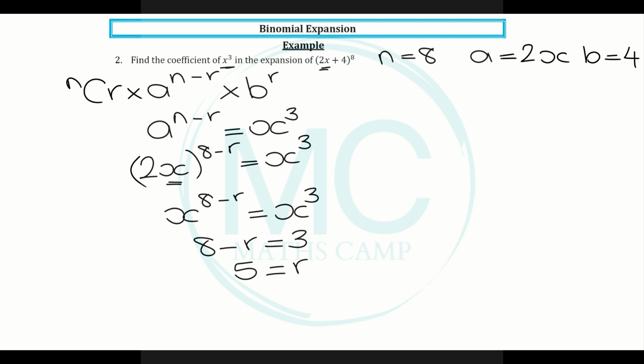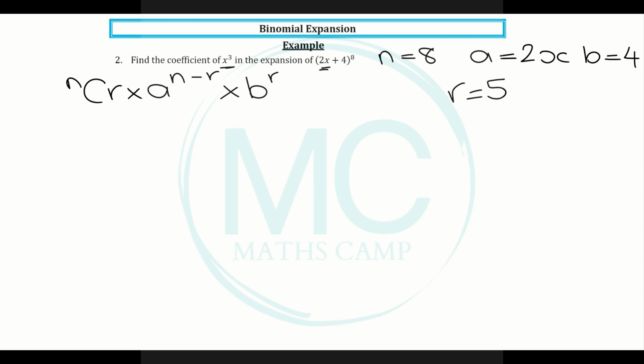Let's make a note of this over here, that r is 5, and now I can make some space. Let's fill our values into the formula. I have 8C5 multiplied by 2x, let's put that into a bracket, with an exponent of 8 minus 5, which is 3, multiplied by 4 with an exponent of 5.